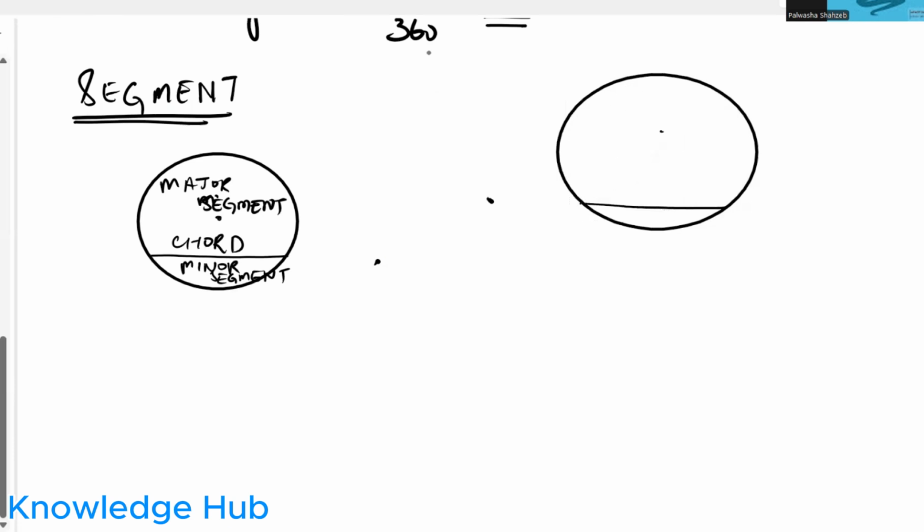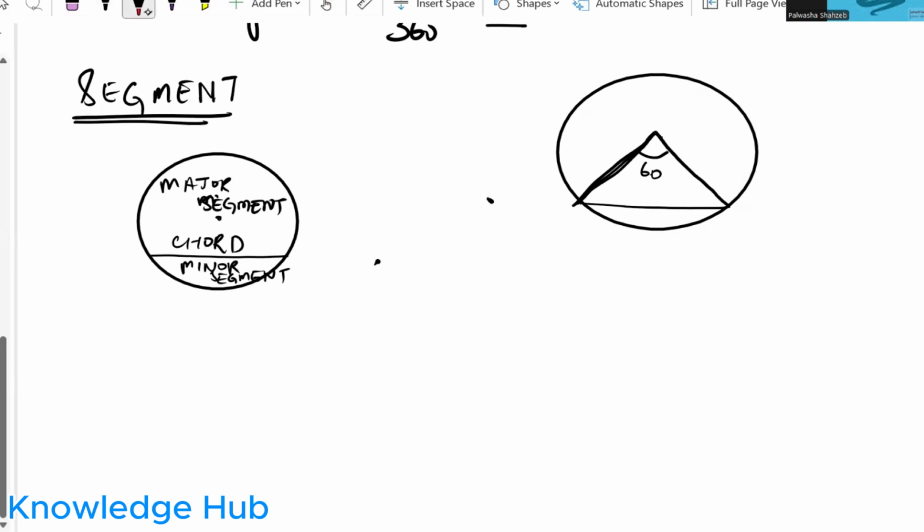Let's suppose this is 60 degree. Okay. Now identify the minor segment here and the major segment.